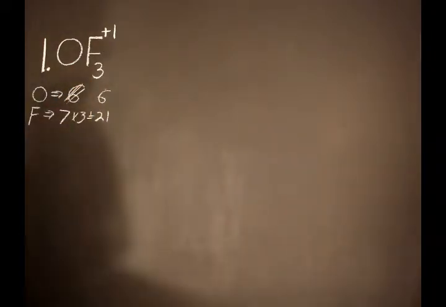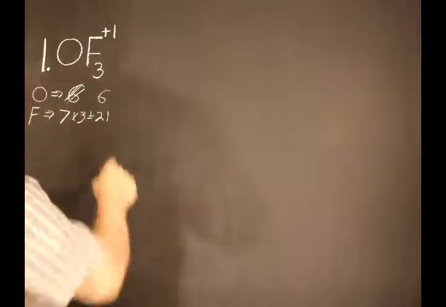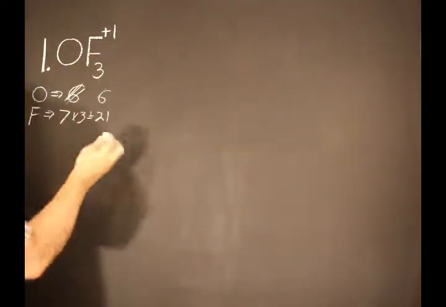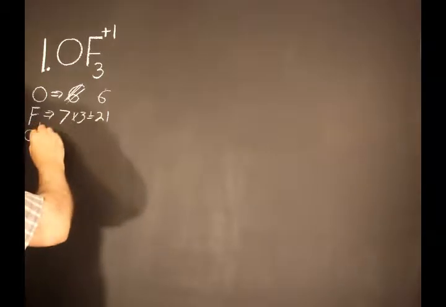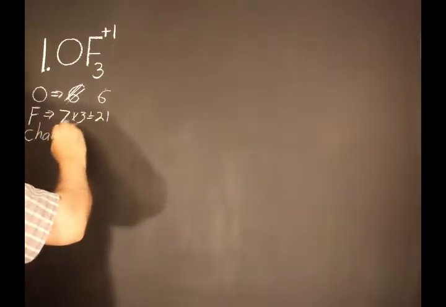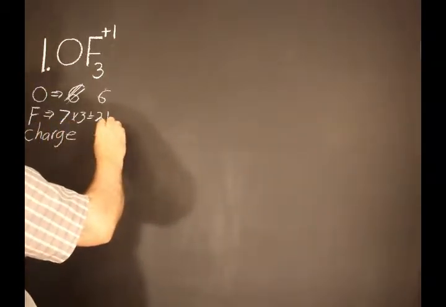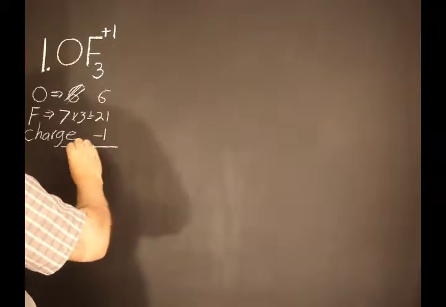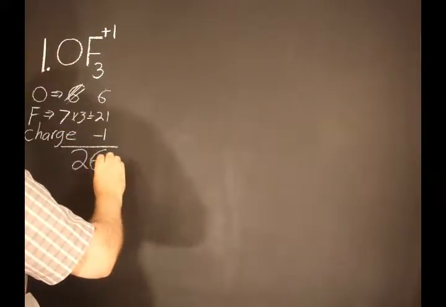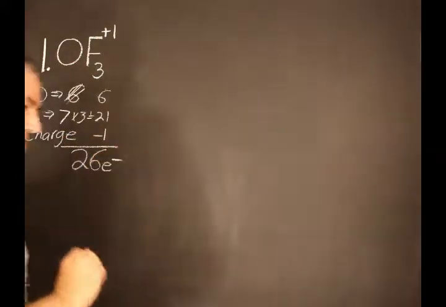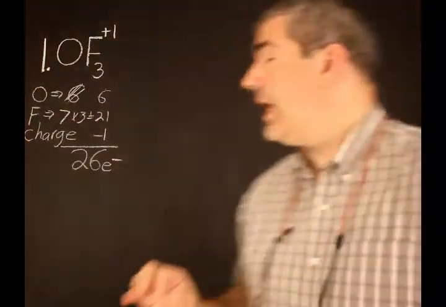But we have to take into consideration the charge. This is a polyatomic ion. Positive charge means we remove an electron. So in my count, I would subtract 1. So I'm going to have a grand total of 26 electrons to work with.